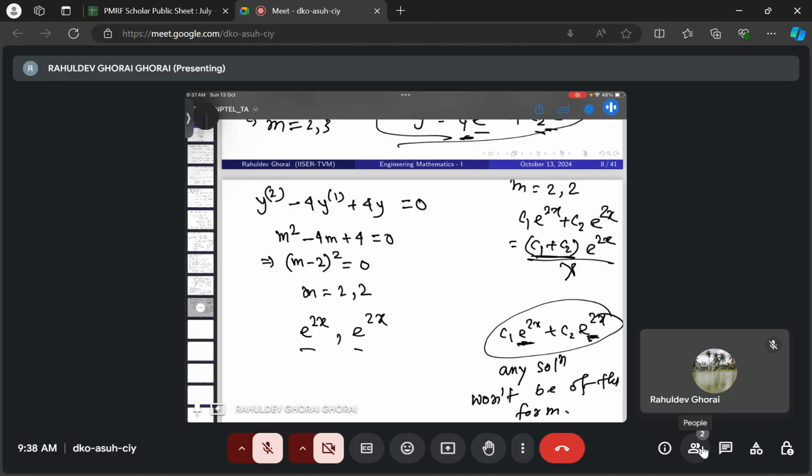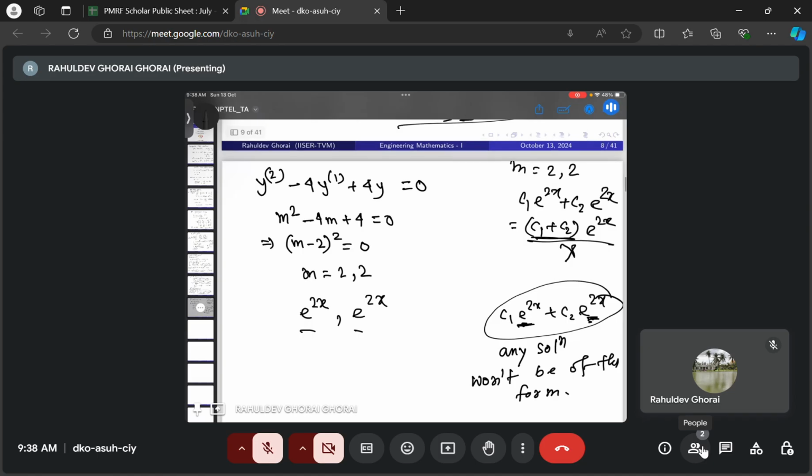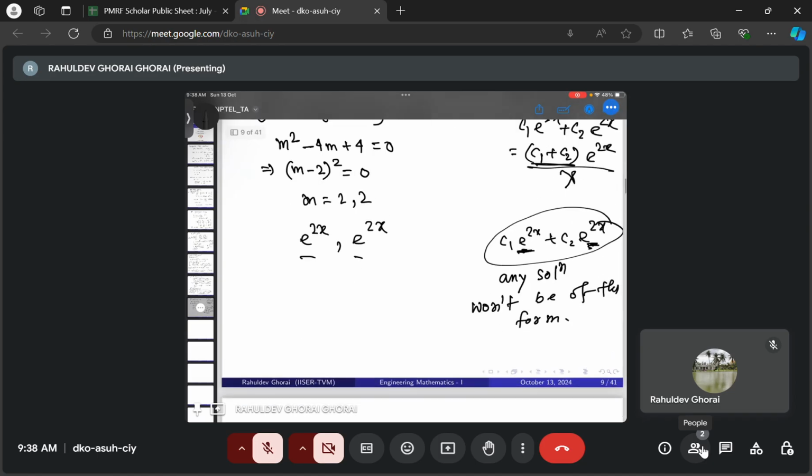So what in that scenario do you do? You can check whether x times e to the power 2x becomes a solution or not. Let y be equal to x e to the 2x.